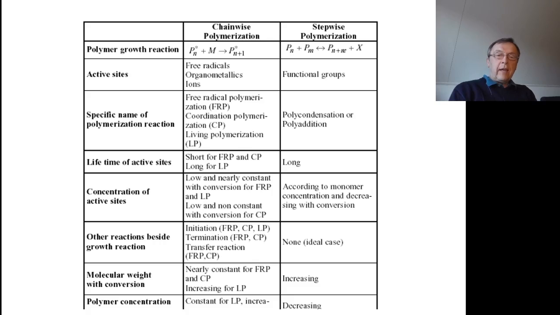In most of these cases, the lifetime of the active sites that carry the reaction is rather short. The radicals in a free radical polymerization just live for fractions of a second. But within this short period of time, this active site is able to line up hundreds or even thousands of monomer units to produce the macromolecule.